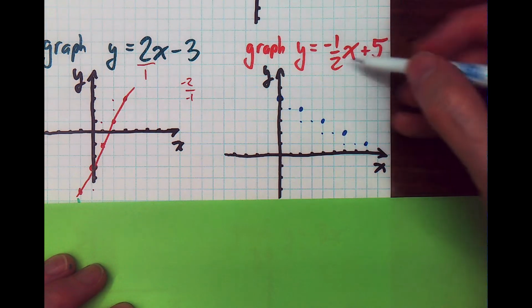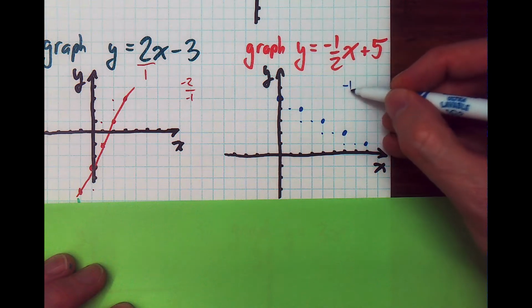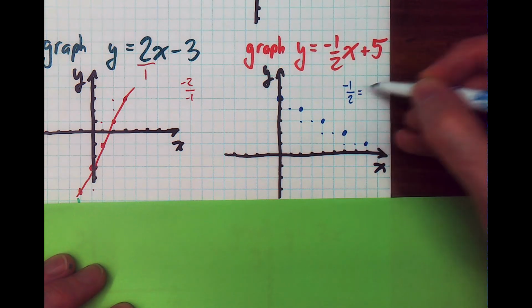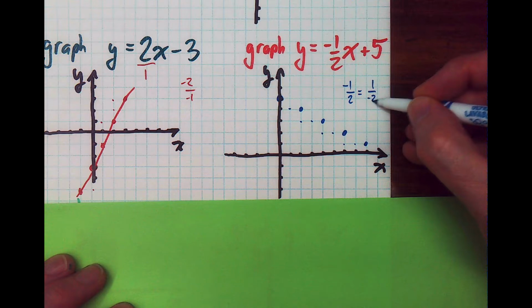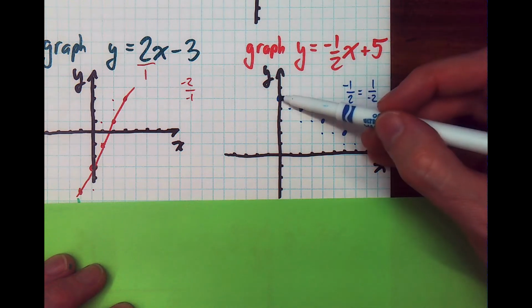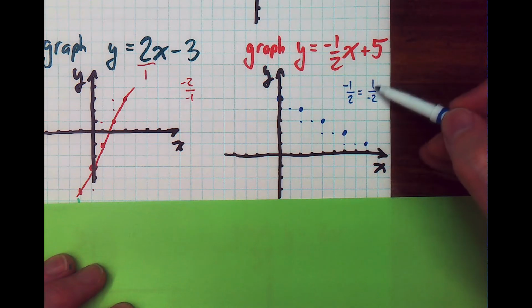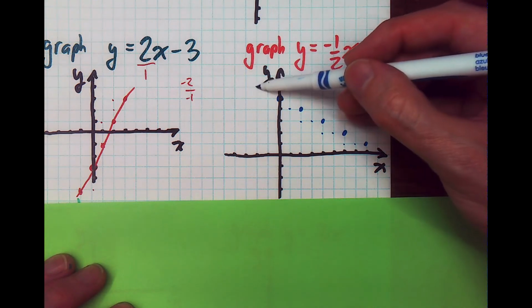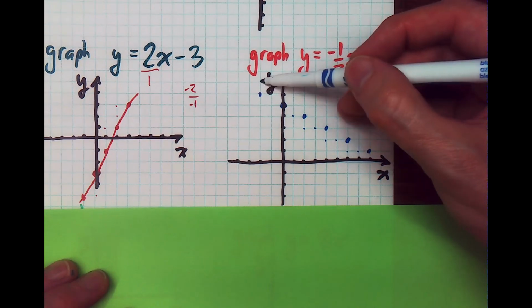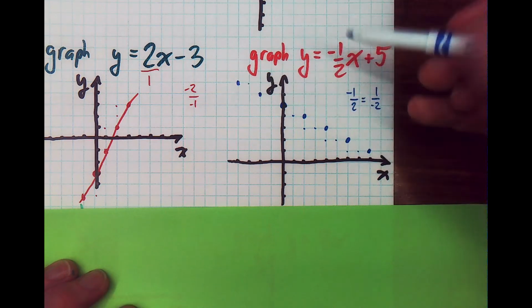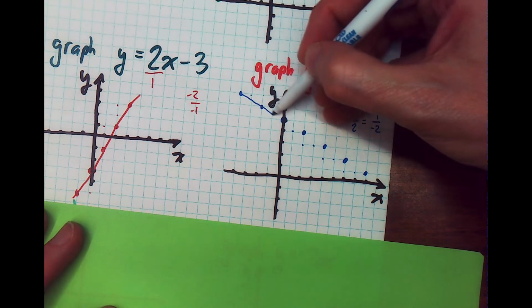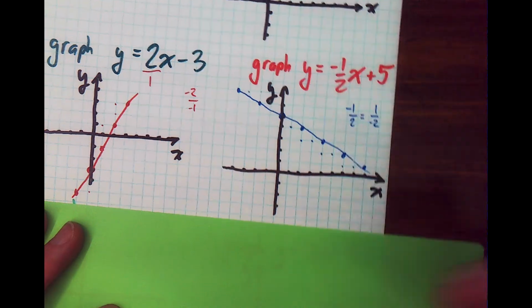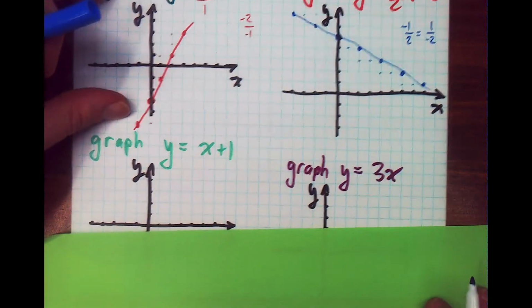Again, I could do the reverse of this, and this is kind of interesting. -1/2 is the same thing as 1/-2. So that means I can rise 1, a positive 1, and I can run -2, which means 2 spaces to the left. And all these points will be in a straight line. And I'm just sketching a line, so my line's not perfect.